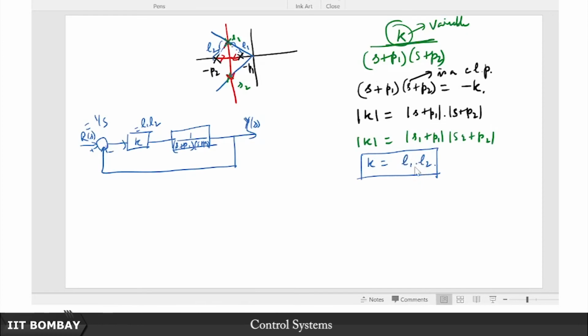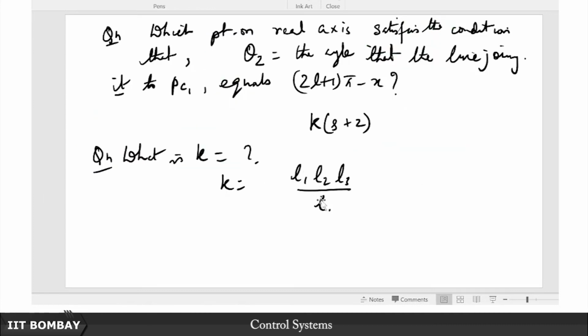All the lengths from the poles, the length of the segment from the placed pole, appear in the numerator, and from the 0, of course there was no 0 here, so nothing appeared in the denominator. Here there is a 0, so this L appears here. This L is maybe this blue one. All right, so this completes the design of this controller.